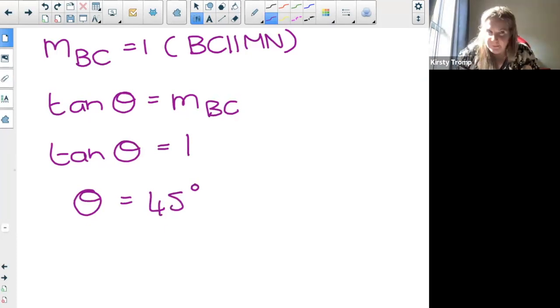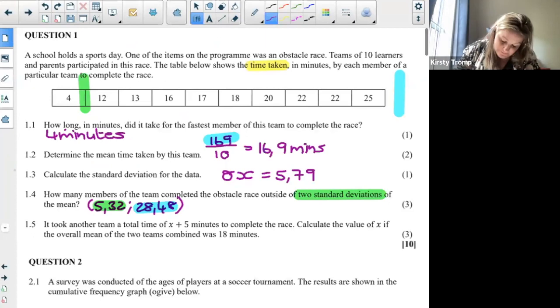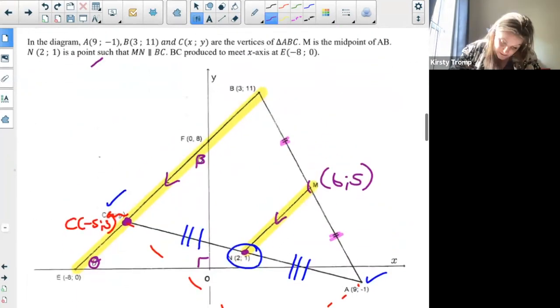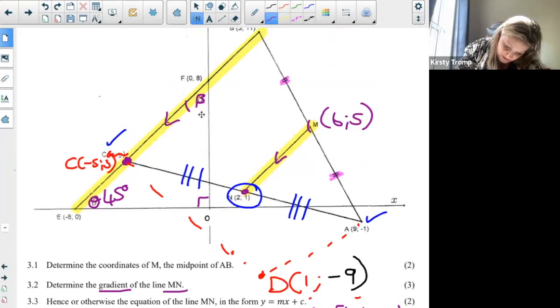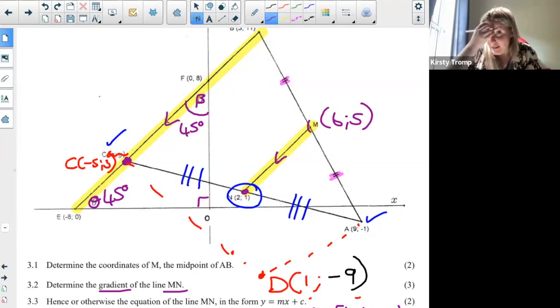Okay, so let's go here. This is 45 degrees. This is 90 degrees. So what do we know about this? This is also going to be 45 degrees. What a nice question for tan theta.